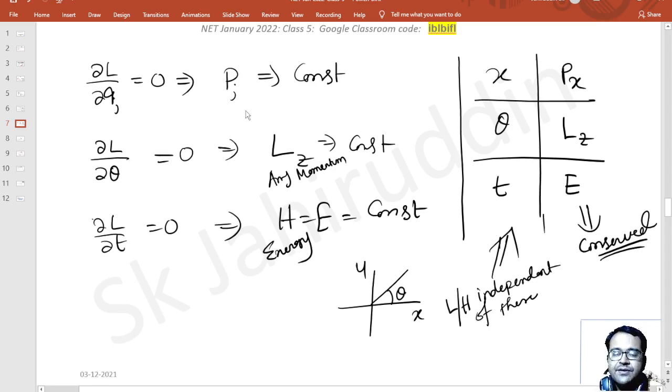So from here the space-time symmetry and conservation theorem comes: if there is any symmetry in space-time, there is some quantity associated with it which will be conserved. So these are conjugate sets. Translation is related with linear momentum, rotation is related with angular momentum, and time is related with energy.